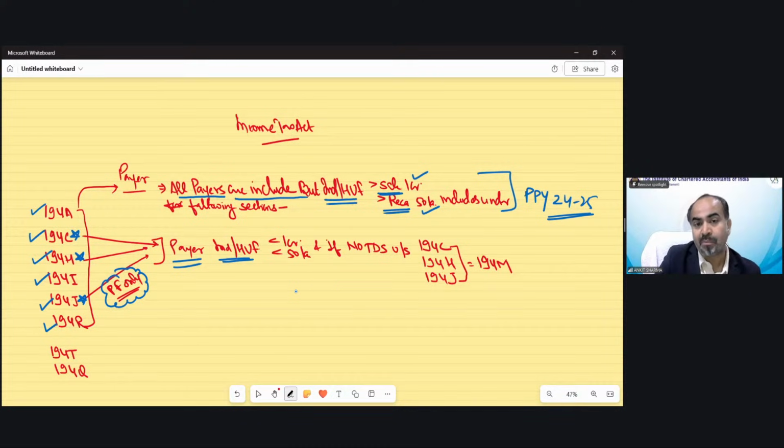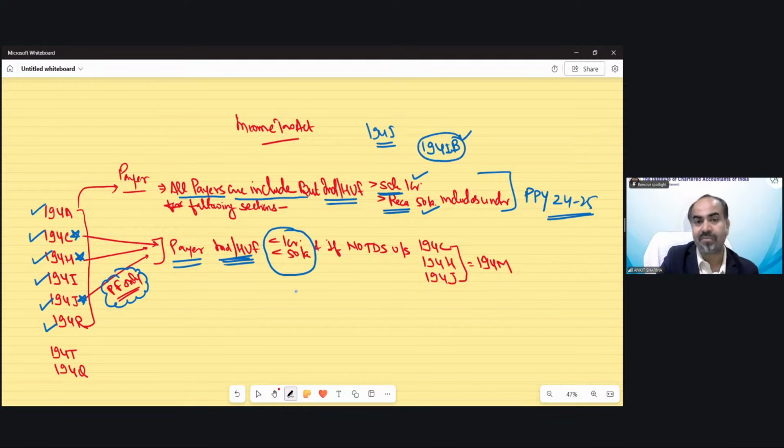So if they are individual HUF having less than 1 crore or 50 lakh turnover or receipt, you have seen section 194I, in which those individual HUF have not been included. Those turnover is less than 1 crore or 50 lakh. So for those individual HUF, section 194IB has been inserted.